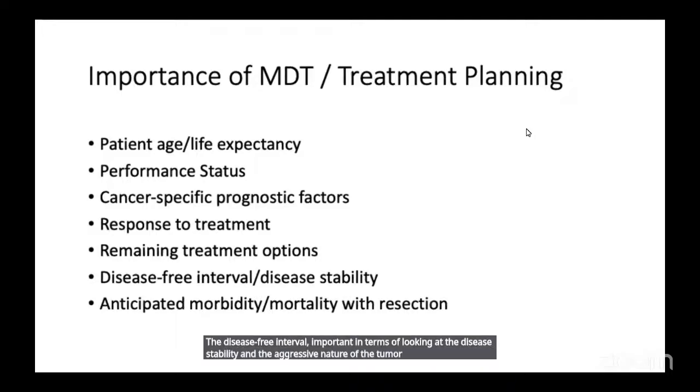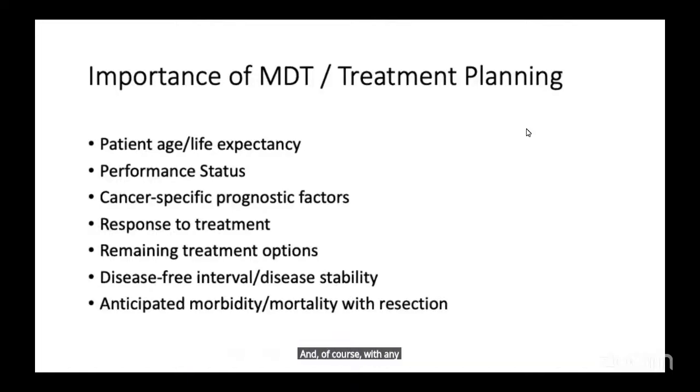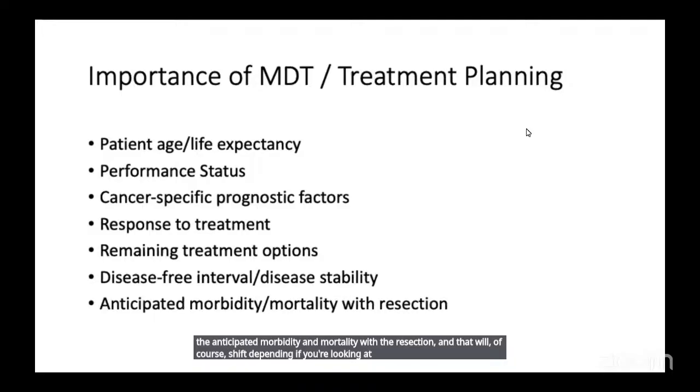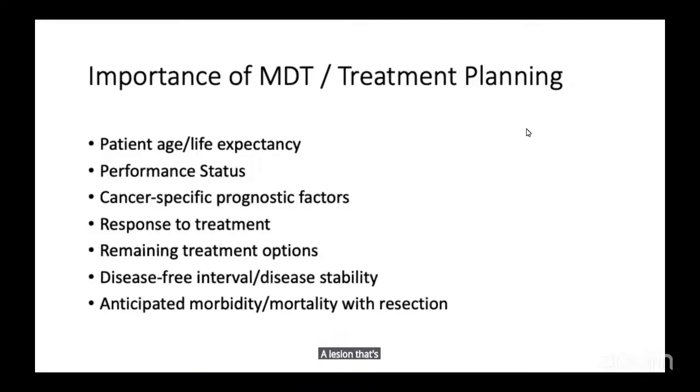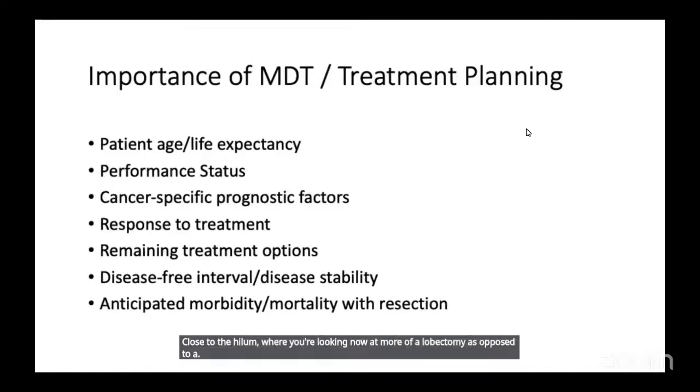And of course, with any surgical procedure, you look at the anticipated morbidity and mortality with the resection. That will shift depending on whether the lesion is more peripheral, or a lot closer to the hilum, where you're looking at more of a lobectomy as opposed to a comparatively simpler wedge resection.